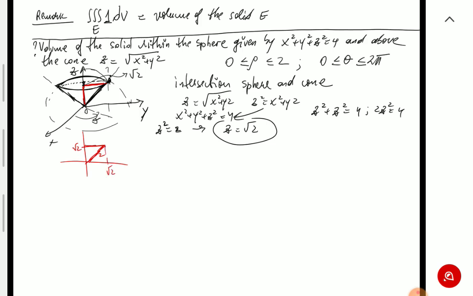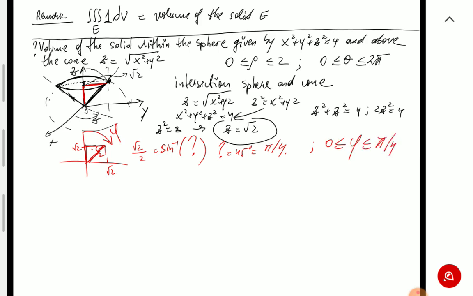Or you can just use a trigonometric function: the opposite side divided by the hypotenuse, and ask what the inverse sine is. That's a 45 degree angle, or pi over 4. So the range for phi is from 0 to pi over 4.